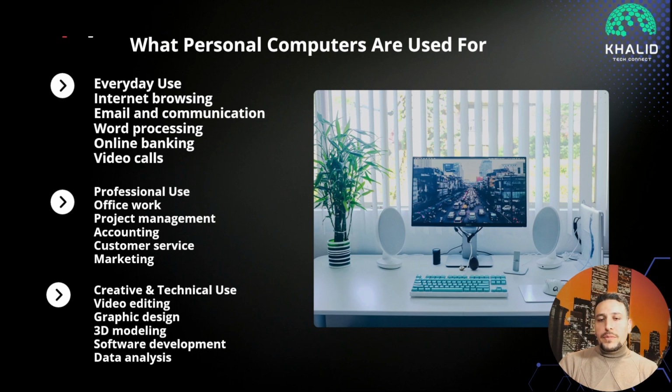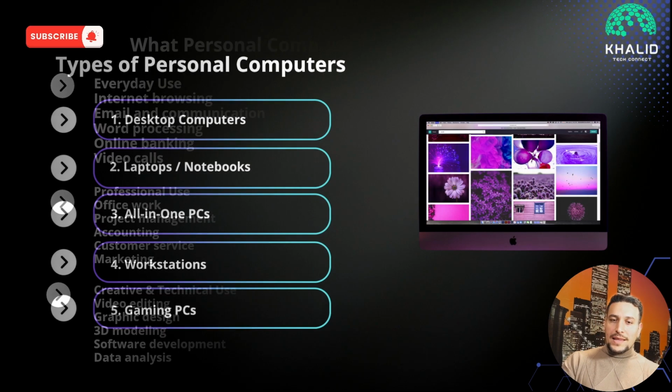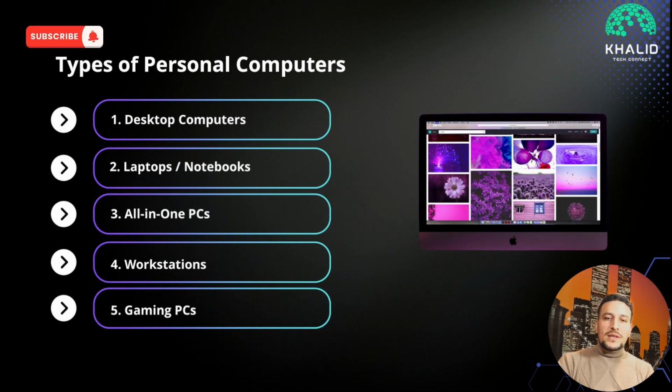So personal computers are widely used and they are available almost in everyone's home, in each organization, each company, each bank, for almost all employees. Then some types of personal computers that we have. We have a desktop computer, of course.